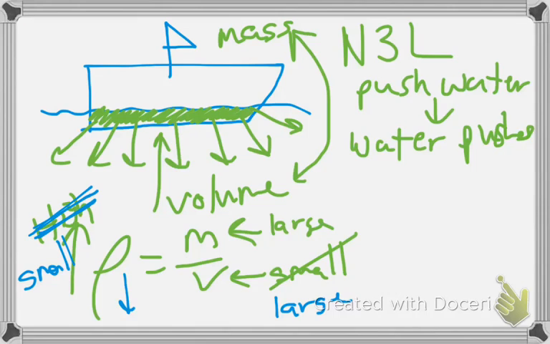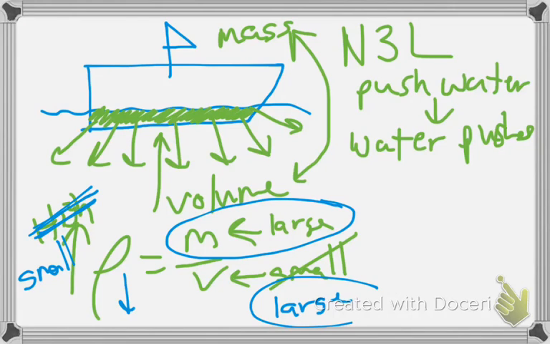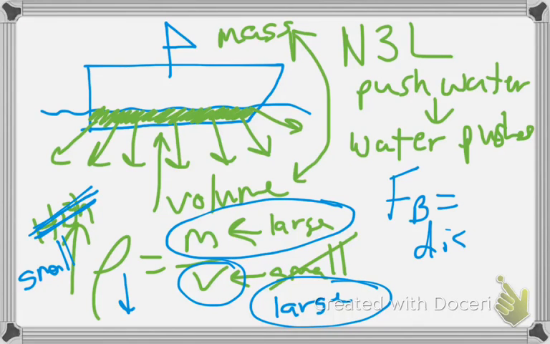So the mass is not all encompassing here. Something really, really heavy doesn't necessarily sink or float. It all has to do with how much of that water it's able to push out of the way. So what is the volume of the object? The buoyant force comes from the actual displacement of water, and has nothing to do with the mass of the thing that goes into the fluid.